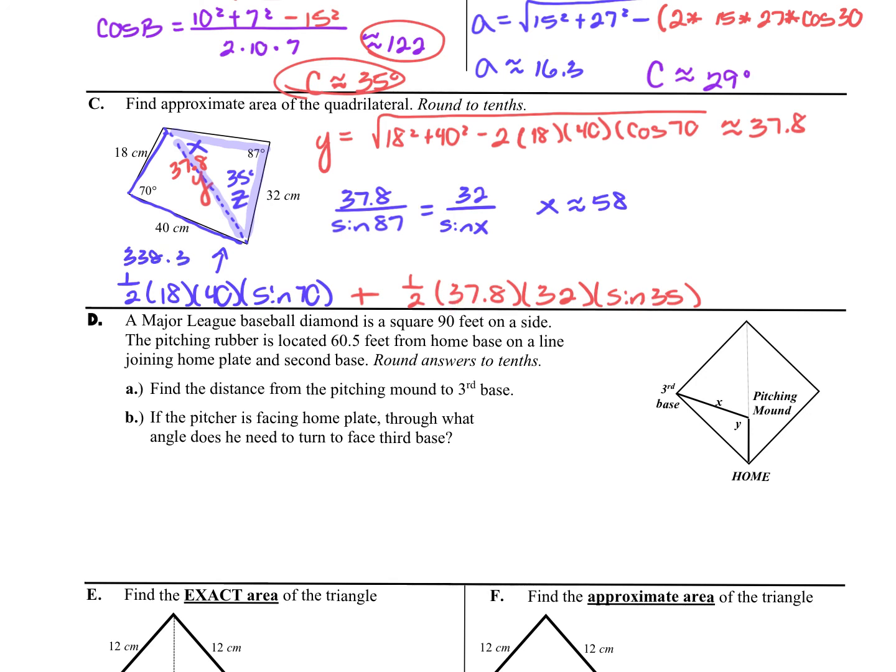This one is going to give you an area of approximately 694.3. So our total area should be 1,032.6 centimeters squared.